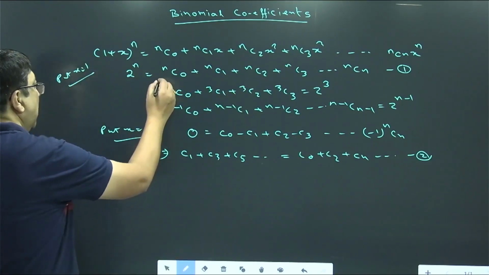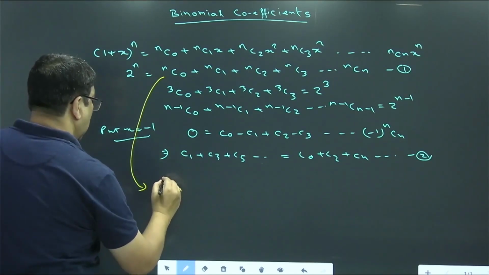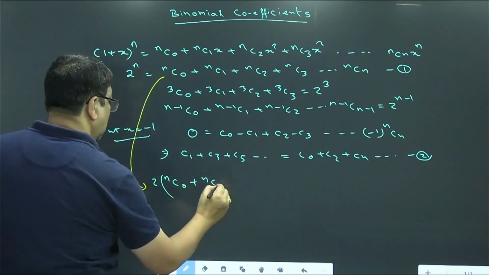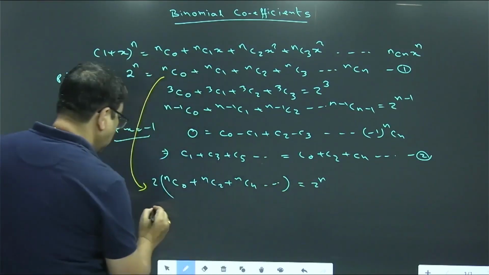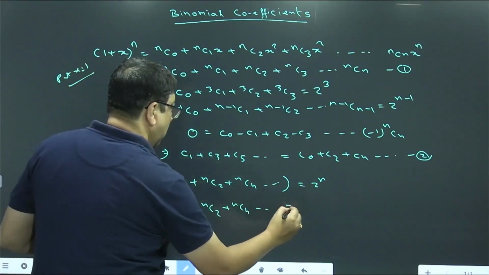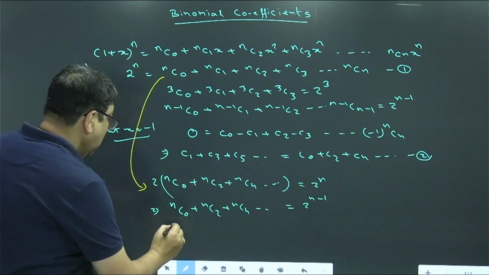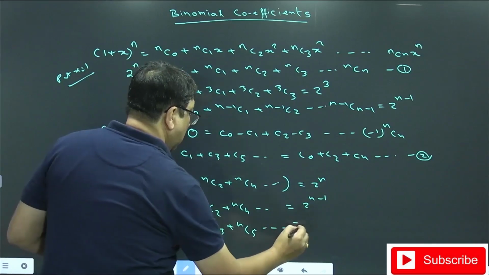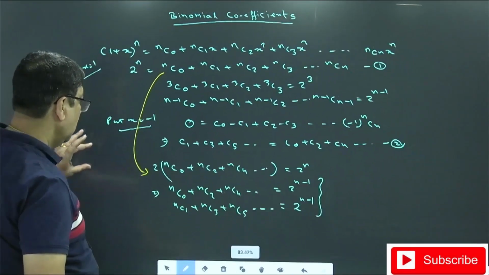So from this we can write nC0 + 2 times nC2 + nC4 equal to 2^n. Therefore nC0 + nC2 + nC4 equal to 2^(n-1). Similarly, using 2, we can get nC1 + nC3 + nC5 equal to 2^(n-1).